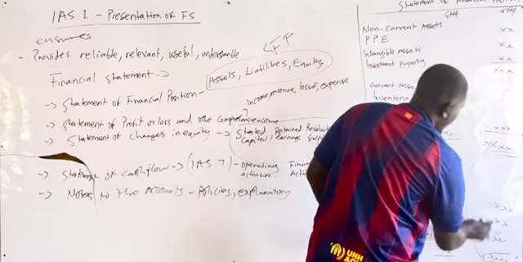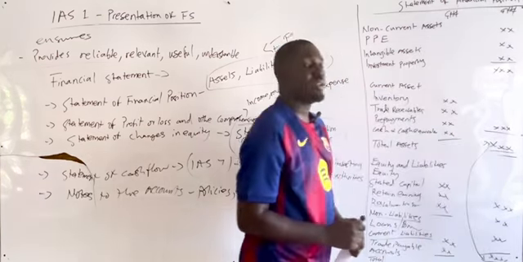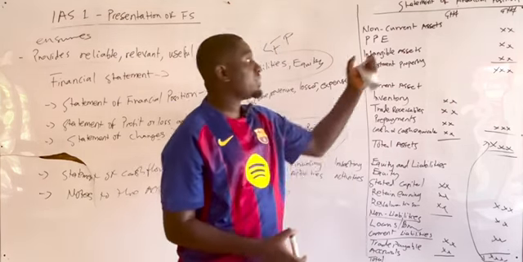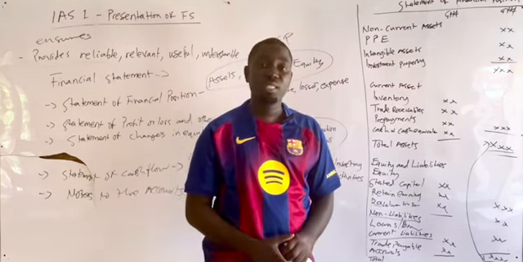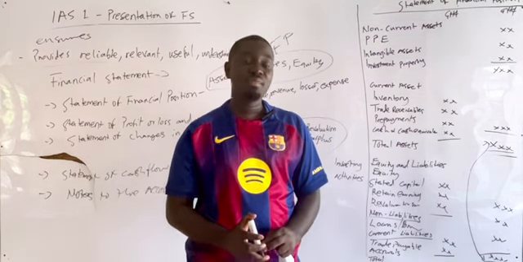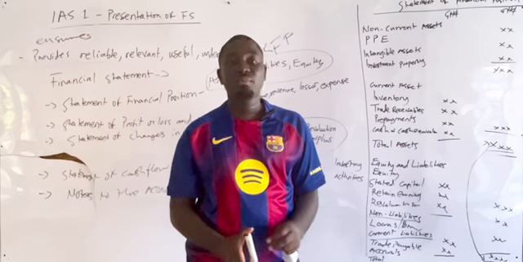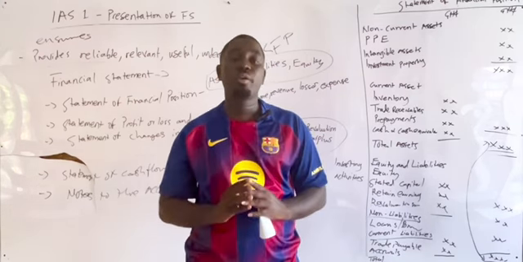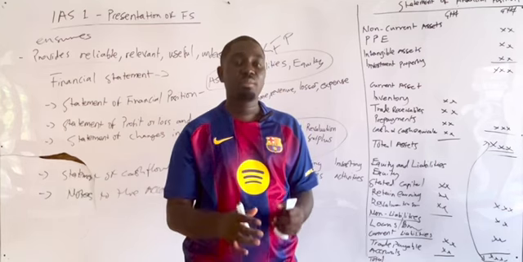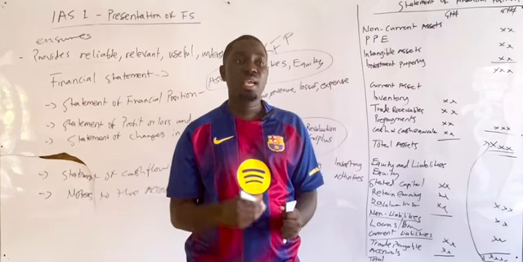Total equity and liabilities is supposed to be the same as this. The amount you get here is supposed to be the same as this. And then you can say your balance sheet has balanced, or your statement of financial position has balanced, which means you did your double entry correctly. But it doesn't mean whatever you did is correct, but it means you did your double entry correctly. Do we get it? The balance sheet can balance, but maybe there are some errors that you committed.